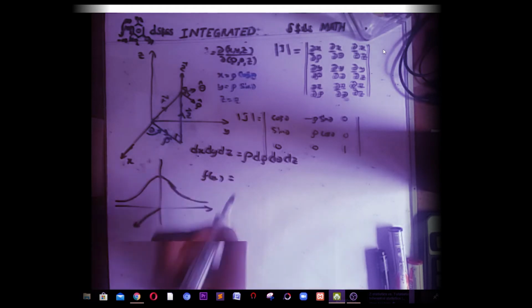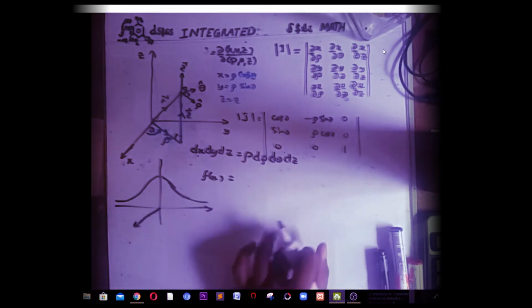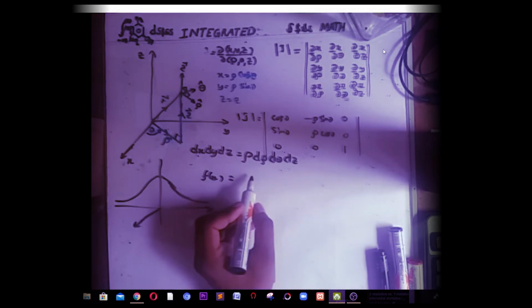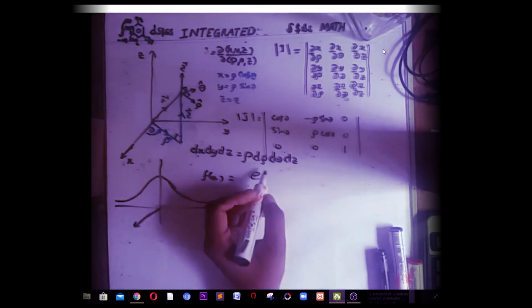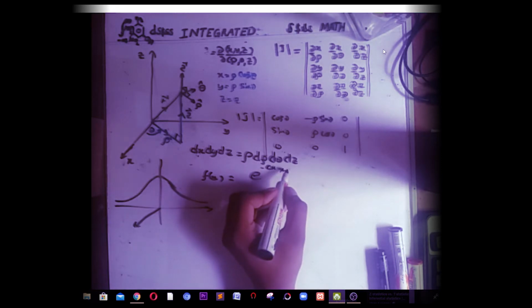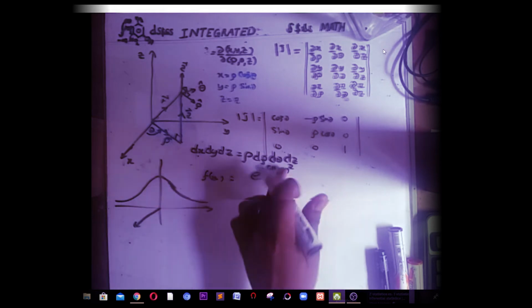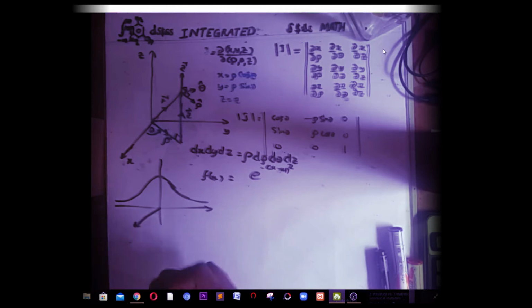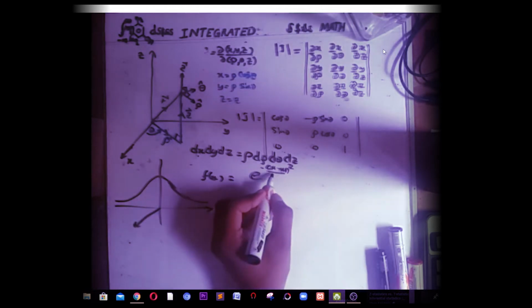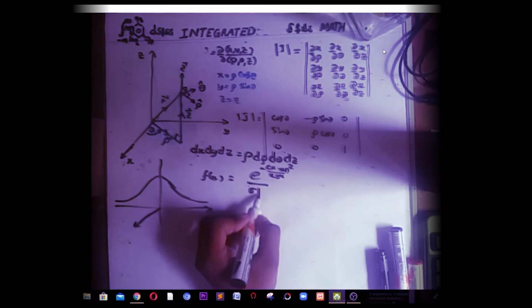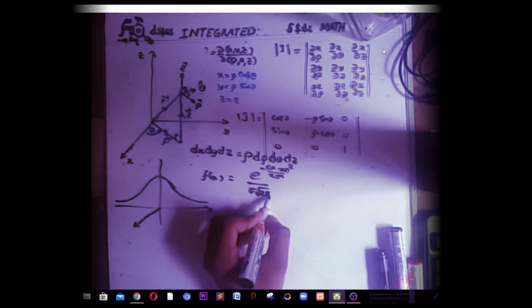This is f of x, equal to e to the power minus (x minus mu) squared, where mu is the mean of the population, over 2 times the variance, divided by the standard deviation times the square root of 2 pi. This is a function.